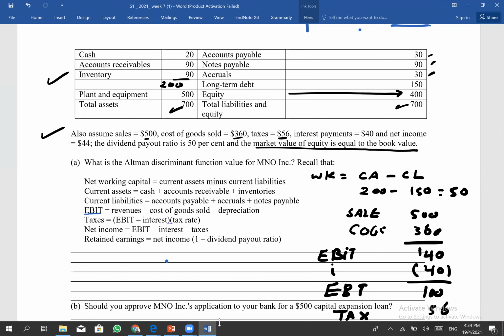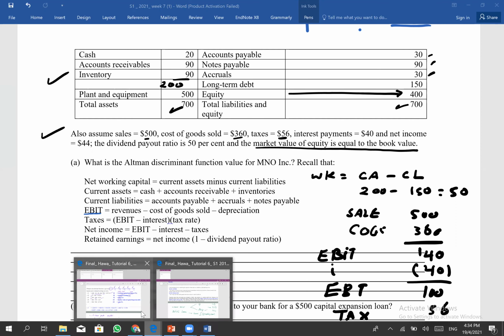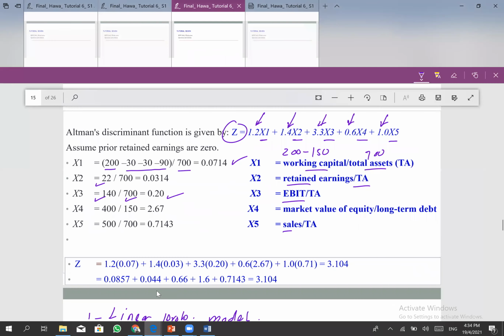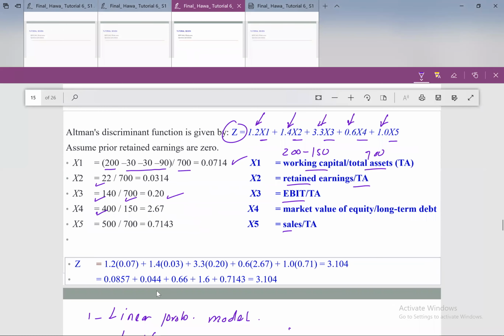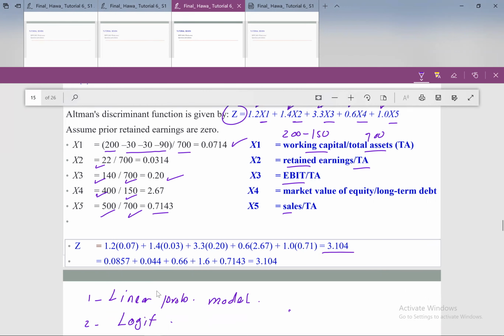So now I go and calculate this. So it's 400 over the 150, which is the long-term debt. Long-term debt, according to the balance sheet, is also 150. And then the last one, sales, which is 500, we already know it, over the total asset, 700. And then I calculate this one. I just plug these numbers in the model, and I find 3.04, which is the Z value.